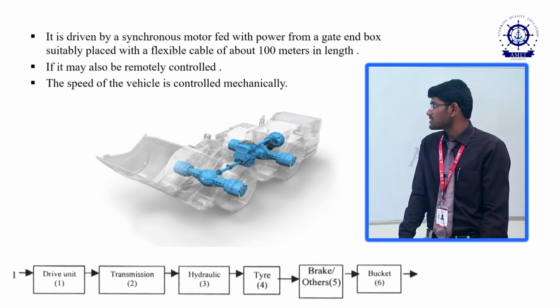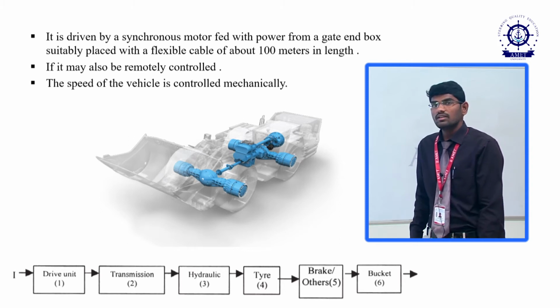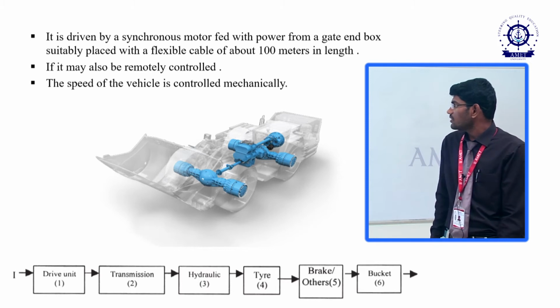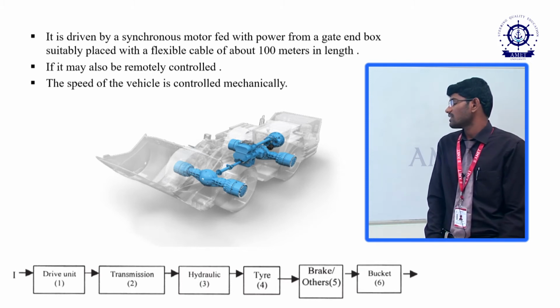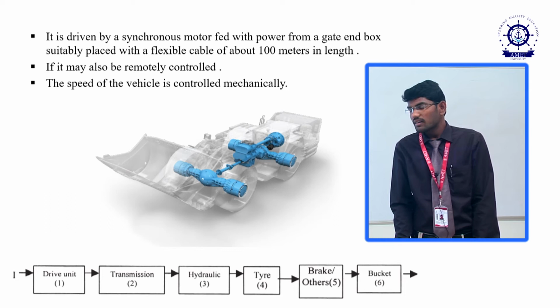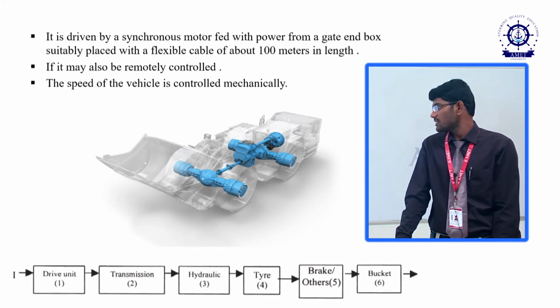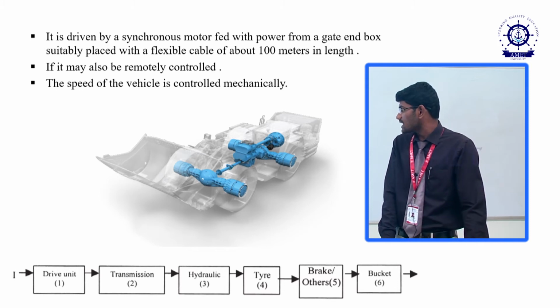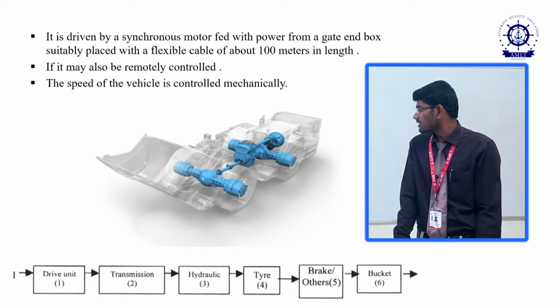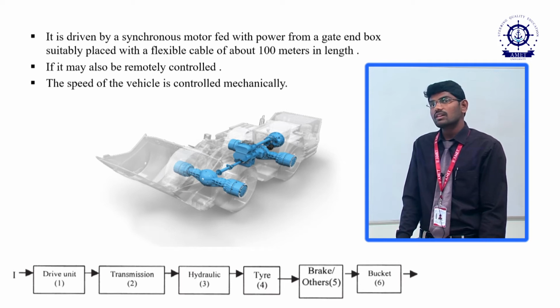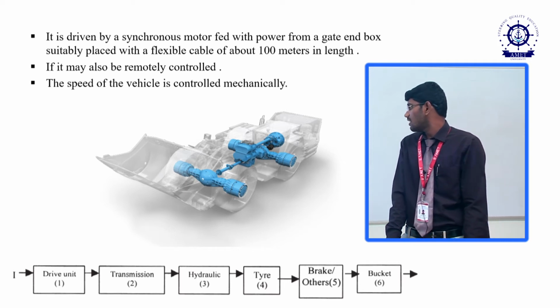The main drive system has the LHD drive unit. In this drive unit there are internal electrical motors and many transmissions in the second portion, and hydraulic systems and hydraulic oil pipelines helpful for the transmission connection, and next the hydraulic transmitters transmit the power to the tires. Then the tires are controlled by the brake and other systems.